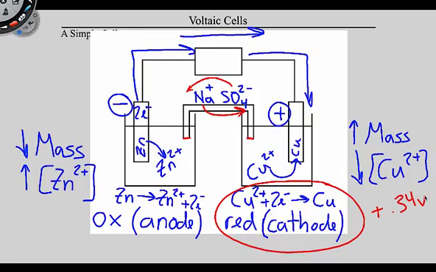So let's talk about how this works. So guys, what does this mean that this has a voltage of 0.34 volts? Well, guys, what that means is this. These electrons right here are being sucked into that cell with a pressure of 0.34 volts. How do we know that those 0.34 volts are a sucking pressure?